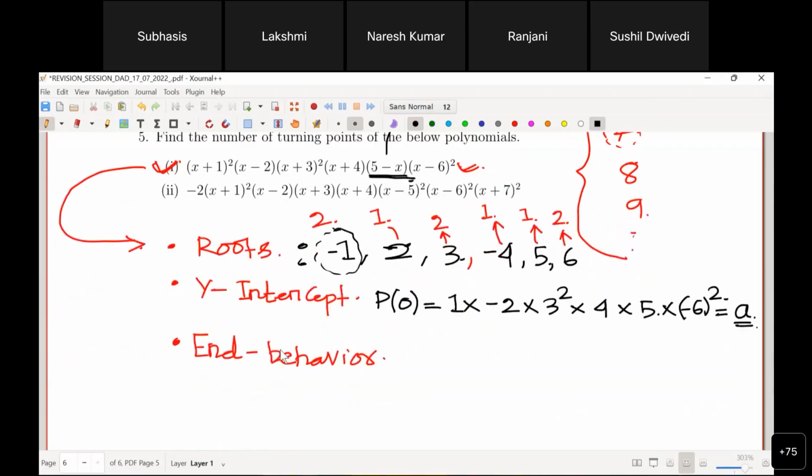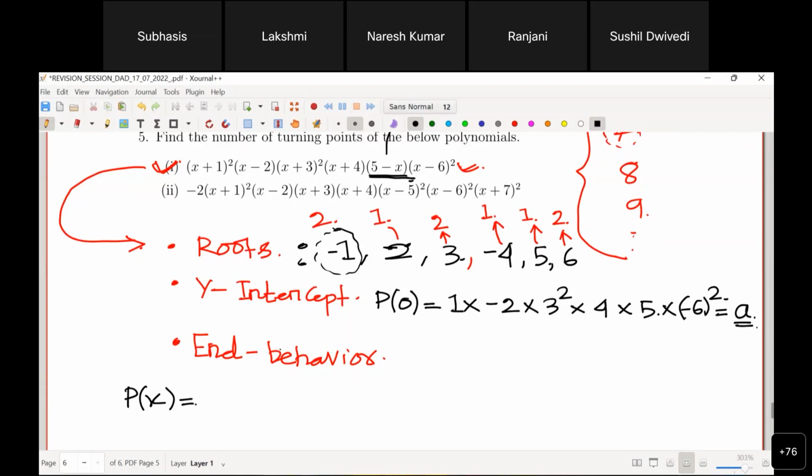So now what we will do, instead of writing this polynomial as x plus 1 whole square, x minus 2, x plus 3 whole square, x minus 4, and 5 minus x, instead of writing 5 minus x, I will write minus of x minus 5.